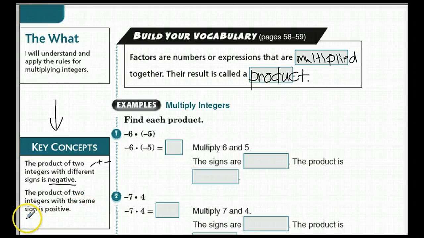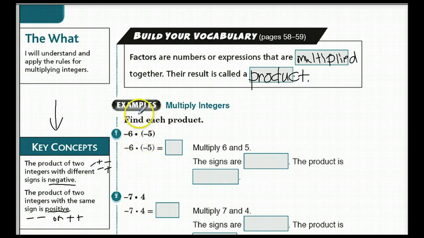So same sign meaning they're both negative or they're both positive. So a negative times negative or a positive times a positive. Now when the result is negative, it could either be a positive times a negative or a negative times a positive.